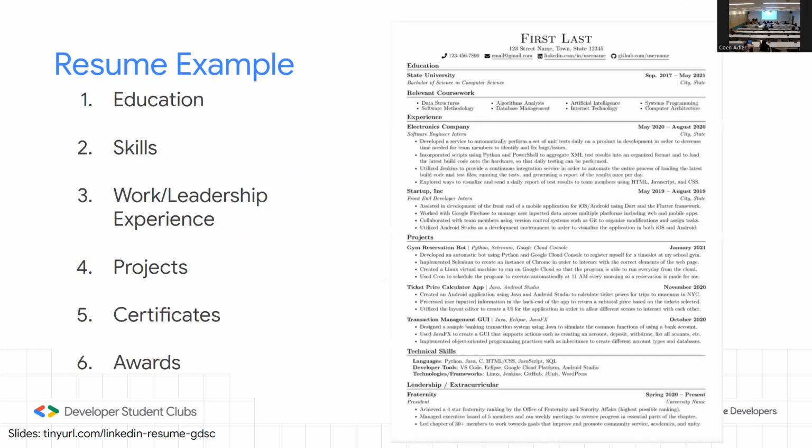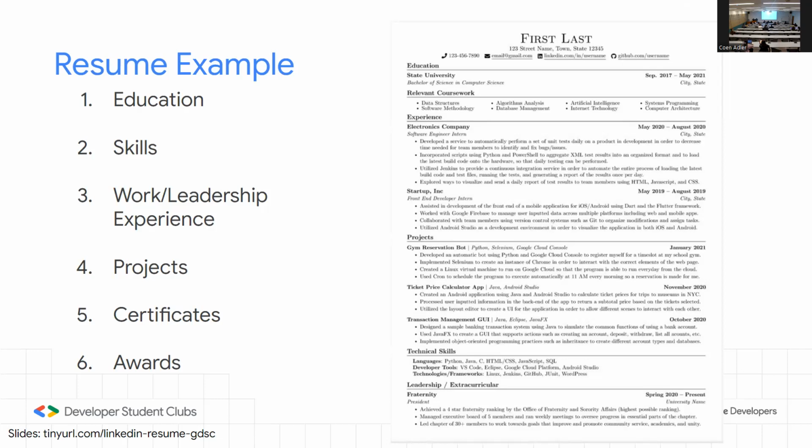This is a picture of Jake's resume. It's an anonymous resume that you can fill out in LaTeX. I think if you just look it up, we will also have a link for you later. The general categories are education, skills, work and leadership experience, projects, certificates, and awards.